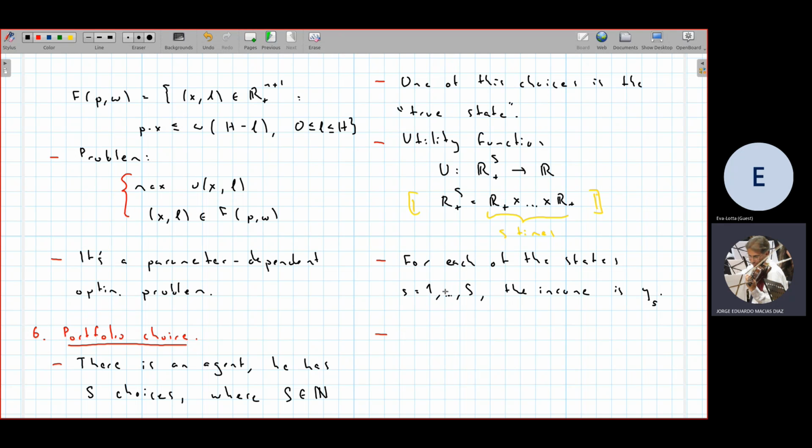More precisely, the utility function is going to be a function of these incomes, so of y1, so on, y capital S.